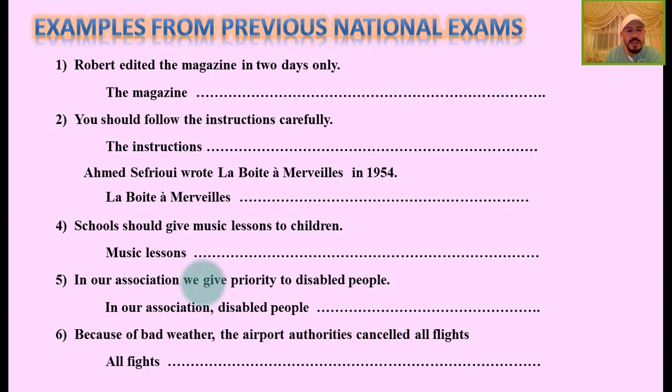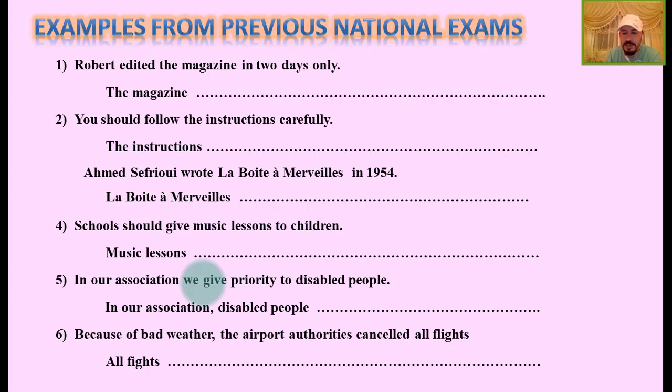Number five, in our association, we give priority to disabled people. And finally, number six, because of bad weather, the airport authorities cancelled all flights. Right? So as usual, stop or pause the video until you do this exercise at your own pace, and then you can check the answers later on.